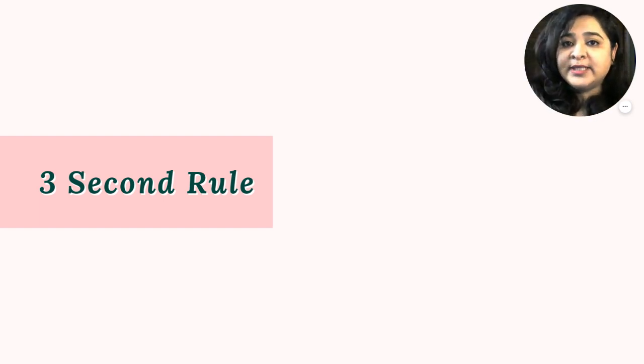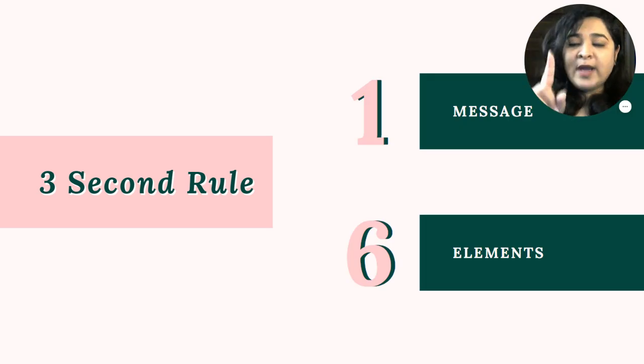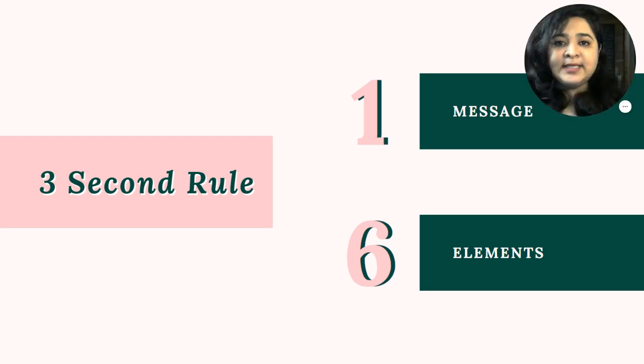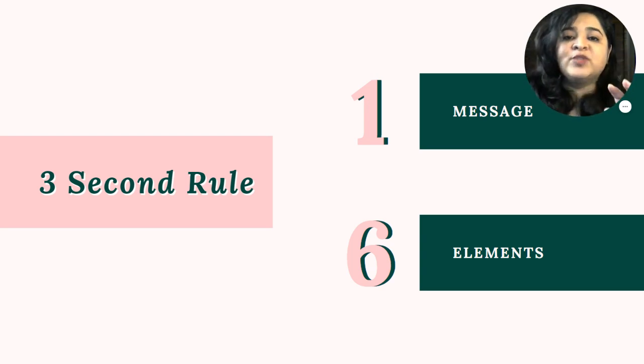How do you do this effectively? By having one message per slide and not more than six elements to talk about that one message. So in this entire slide, we are talking about the 3 second rule. The 3 second rule says that you should only have one message per slide and not more than six elements to do the job. So if you look at this entire thing, the minute it comes up, it doesn't take more than 3 seconds for you to grab the message.